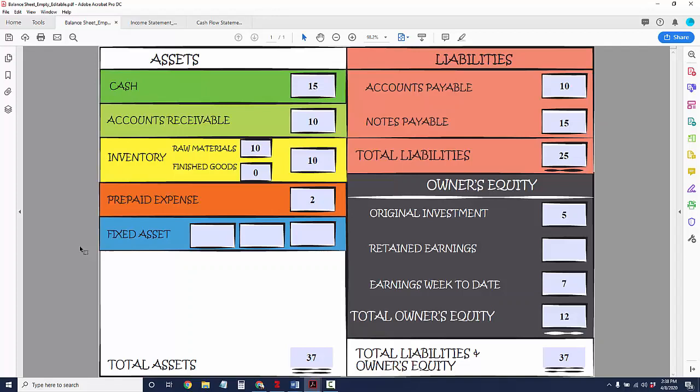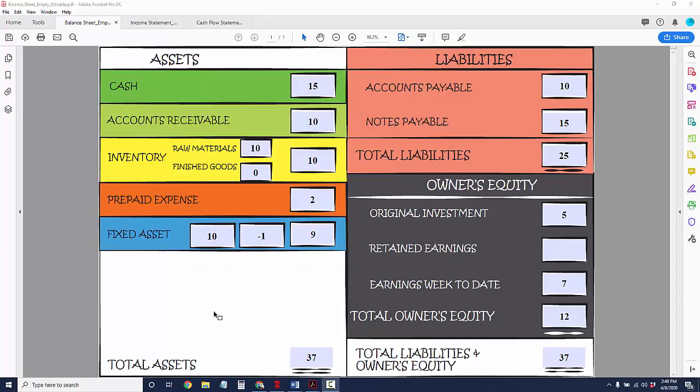That's how much this fixed asset is still worth on the books. So we would have our original acquisition cost of $10. We are depreciating by $1 per week, including this accounting period. So on the books, our fixed asset is worth $9 at this point in time.